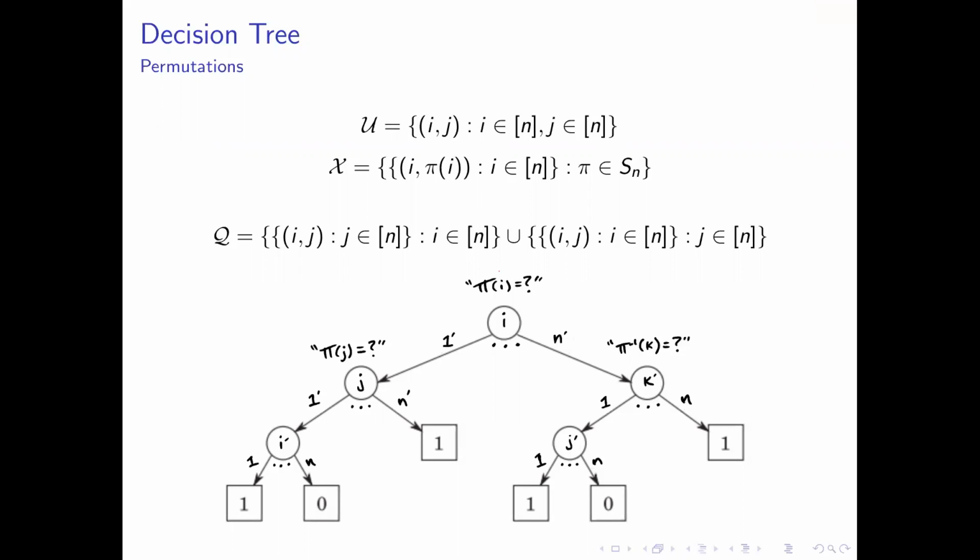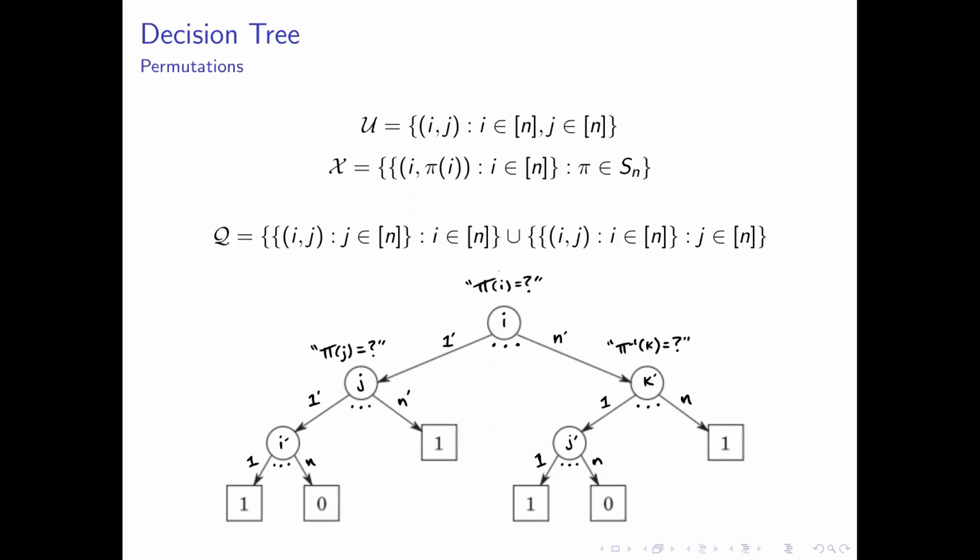So the queries we can ask now are of this form. We're looking at pi of i and pi inverse. And these are the questions we can ask. And again, we have this property that if these are our queries, then we can partition the space of permutations based on these queries.